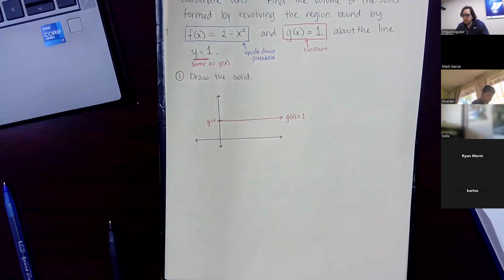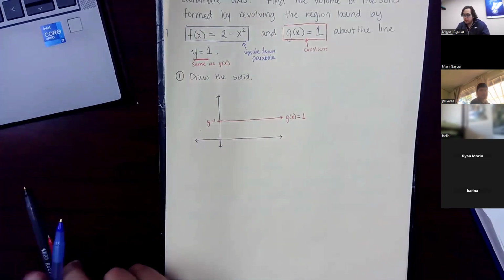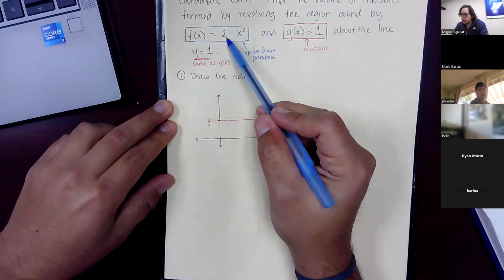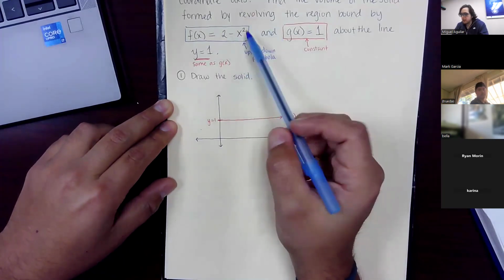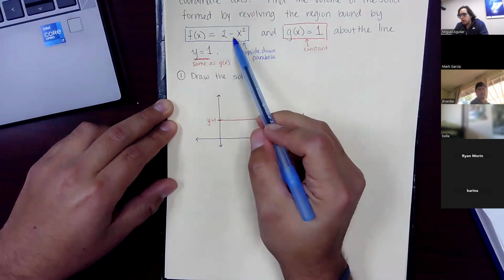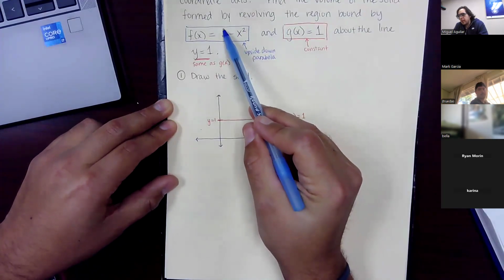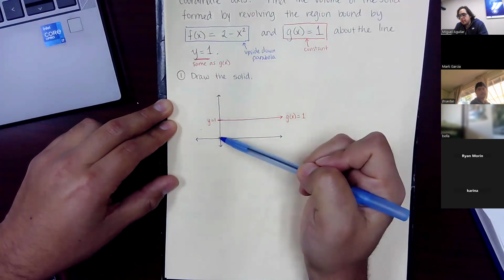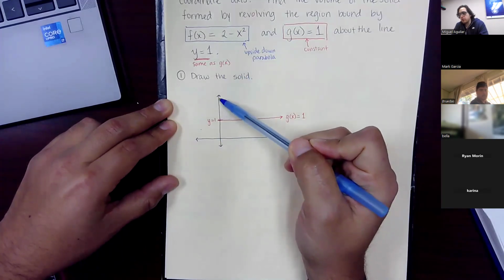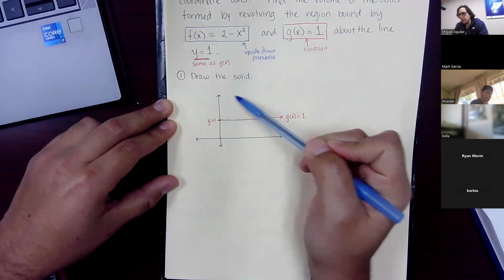Okay. And then where the parabola is, you can think of it like this: we have a positive 2 here, so that means it was pushed up 2 units in the upward direction, and then it's just an upside down parabola.